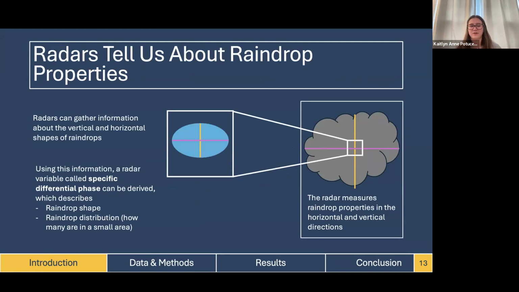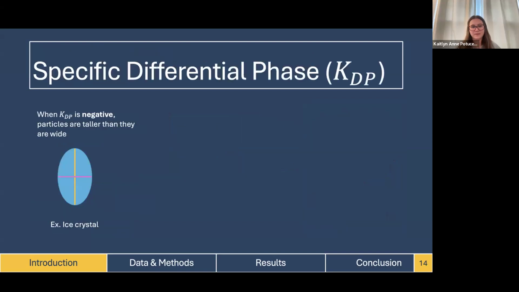It can tell us a lot of stuff. It tells us about the rainfall or raindrop shape and raindrop distribution, or how many raindrops might be within a small area. At a base level, just using the signs, it's relatively easy to understand in relation to the shape of atmospheric particles. When KDP is negative, particles are taller than they are wide.